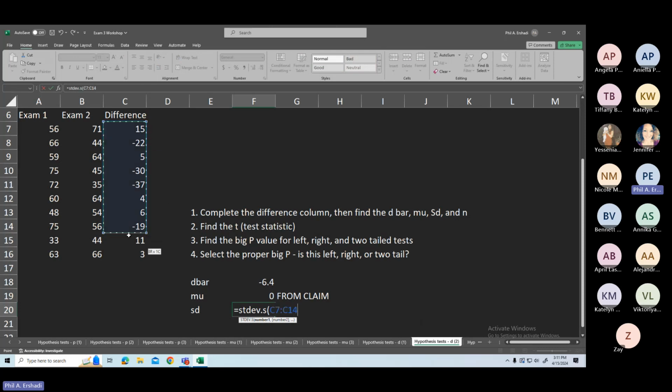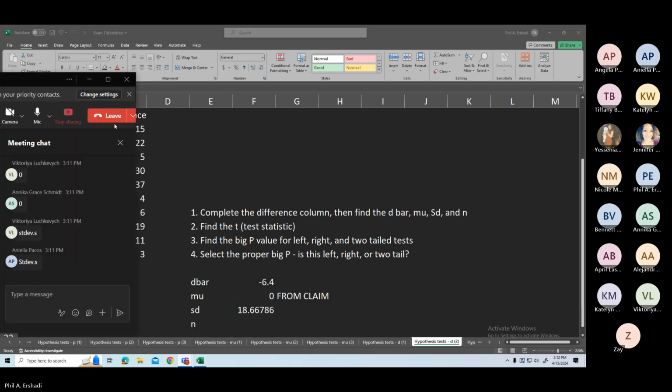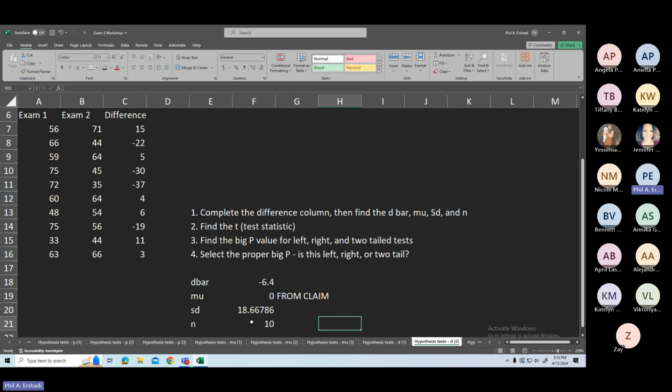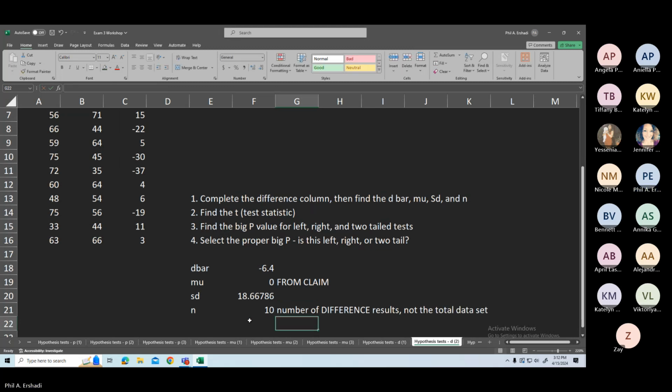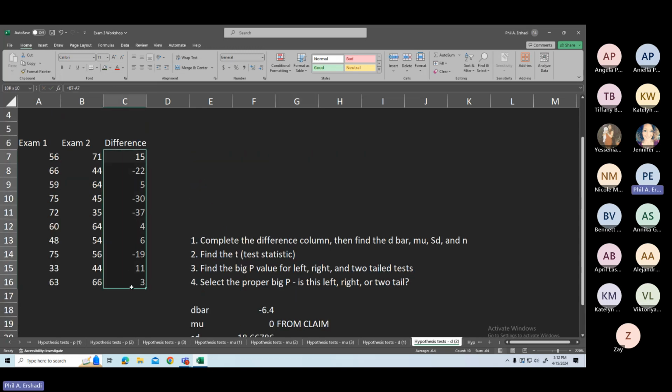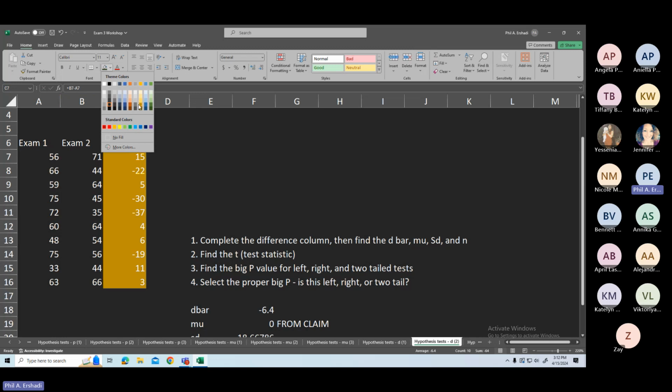And I'm going to do this on the difference column. And then my N. Here's a tricky one. What do I say for N here? Very good. So when we say N, we're going to say 10. This is the number of difference results, not the total data set. Once we find the differences, we're only going to look at these.